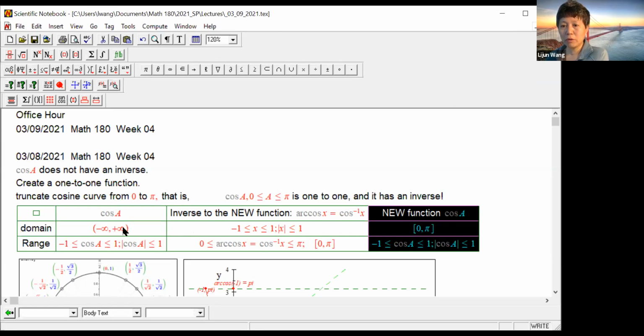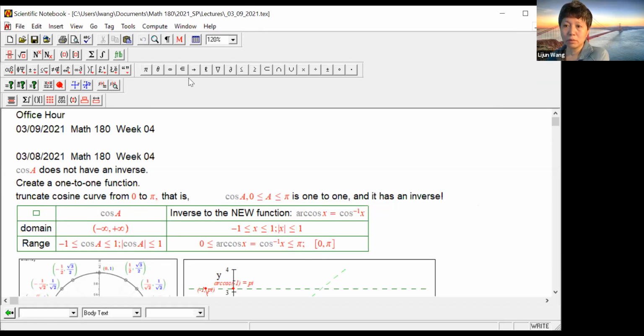In the future, as I said yesterday, you should not be confused by these two. You never have to ask, are you talking about the other domain? No, whenever we refer to cosine, we always refer to this function. That's why this function usually doesn't show up. As I said yesterday, it's rarely used.